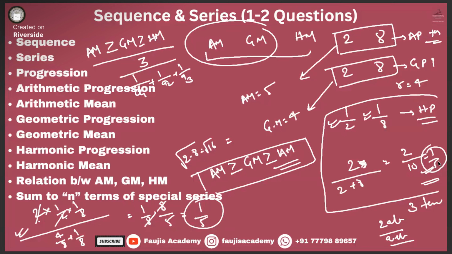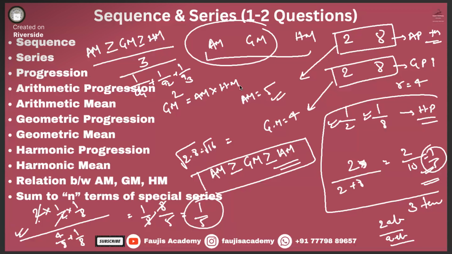So the first relation is AM will always be greater than or equal to GM, geometric mean, which will always be greater than or equal to your HM, harmonic mean. And the next is that geometric mean square is equal to arithmetic mean into harmonic mean.